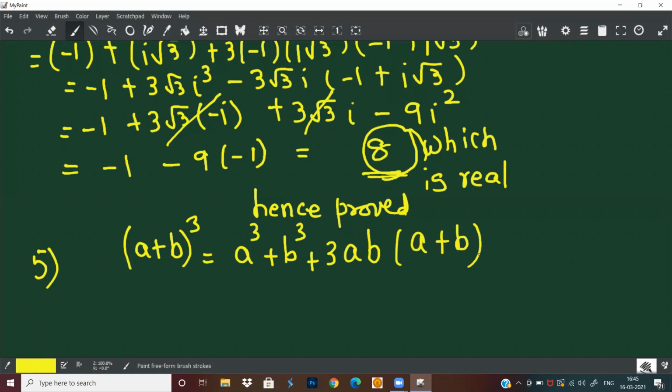Yes, Apurva, you are right. Understood? So here A is -1 and B is I root 3. All right? Instead of remembering that 3A square B and 3AB square, ये बहुत अच्छा है.